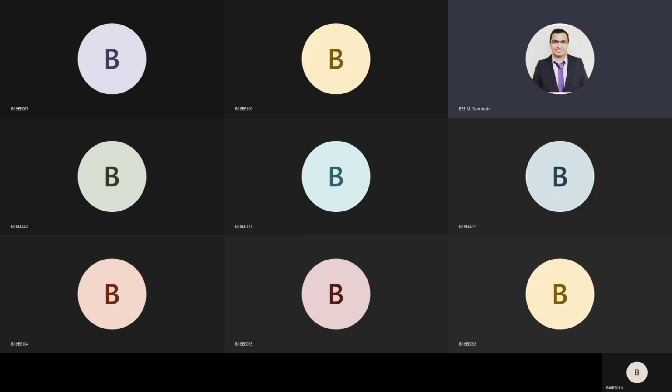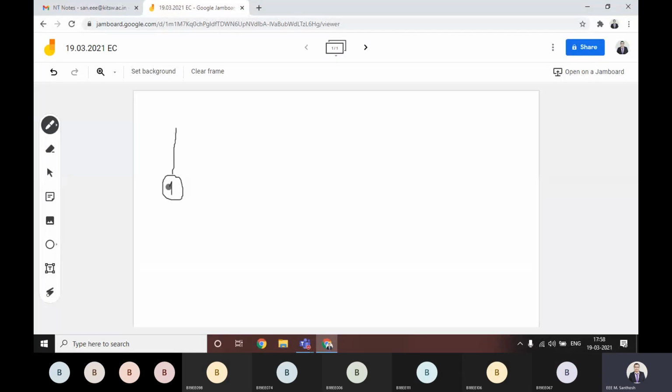Please note down the problem. There is a current source, in parallel with this resistor of 60 ohm, and the current source is 8.2 amperes.